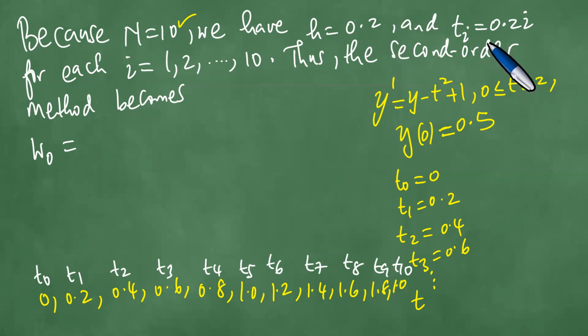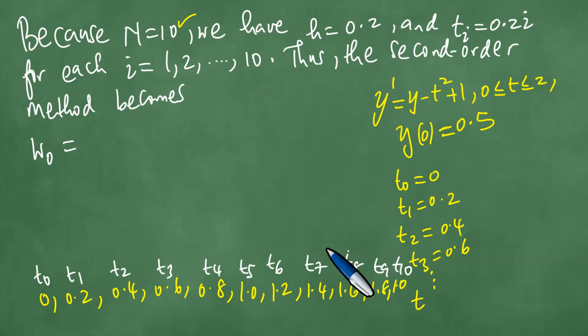If h is 0.2, then we must move in steps of 0.2, so that if you take 10 of these, you get to 2.0. For each of the i's from 1 to 10, because the i's themselves are from 1 to 10.